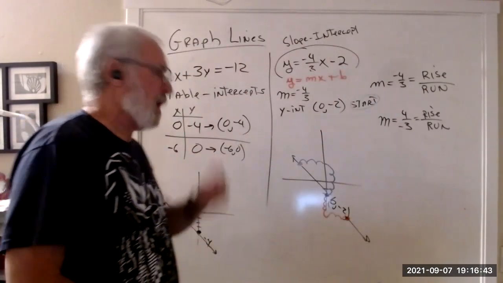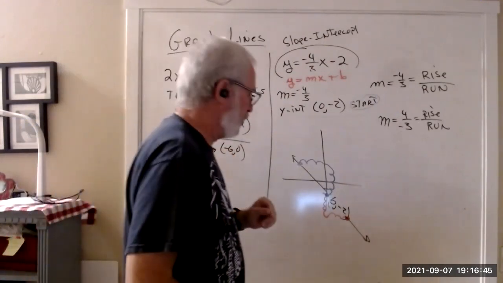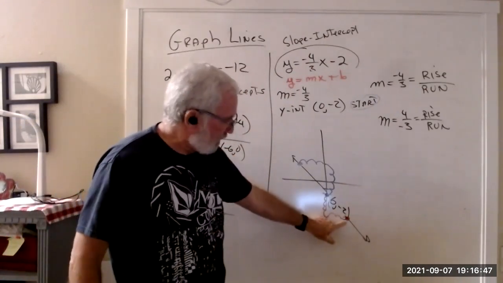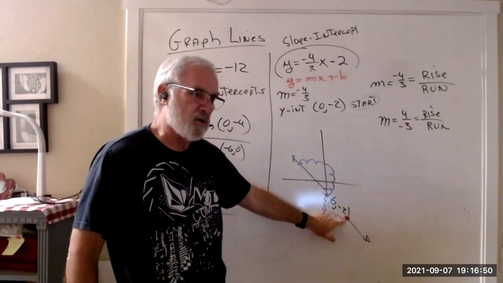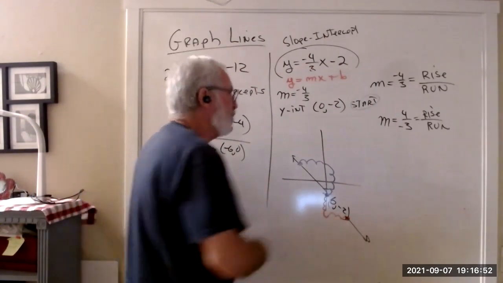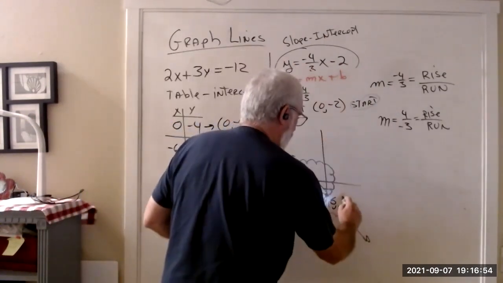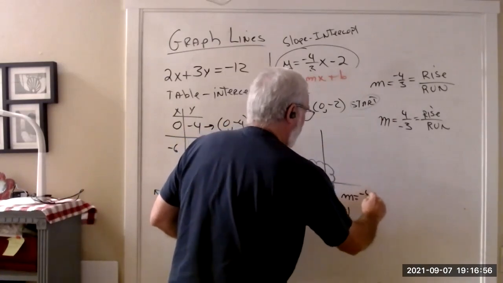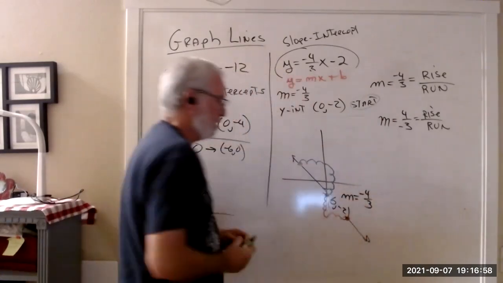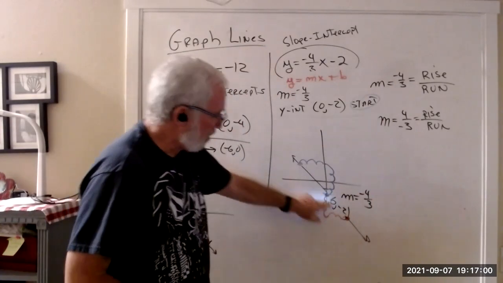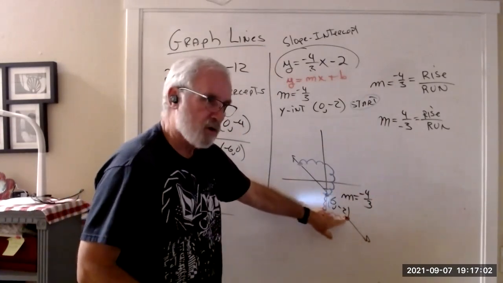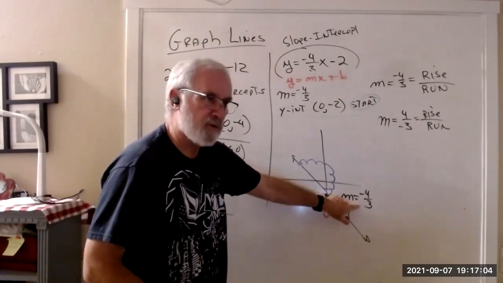There will be an occasional question: can you find this ordered pair? If the slope was -4/3, you went from here to here using -4/3.